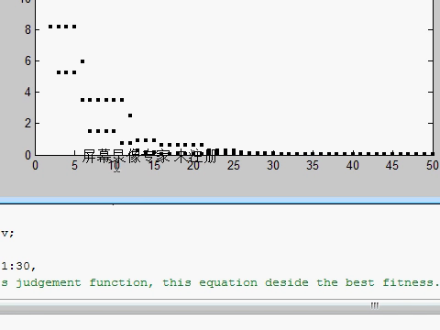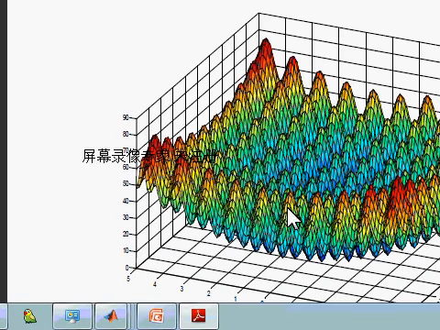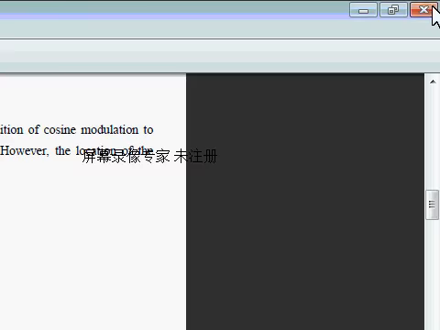We can find that within almost 15 iterations, this algorithm could find the global minimum in such an intricate function.